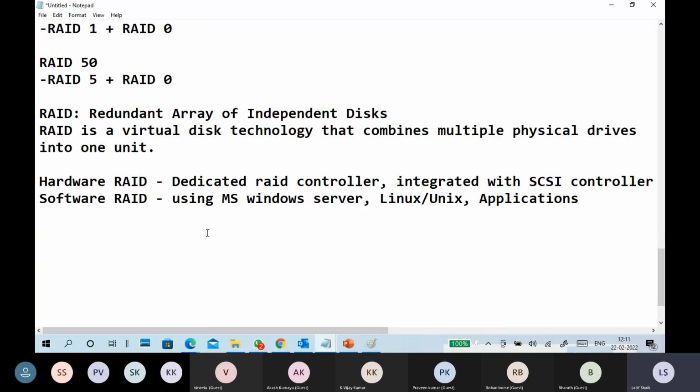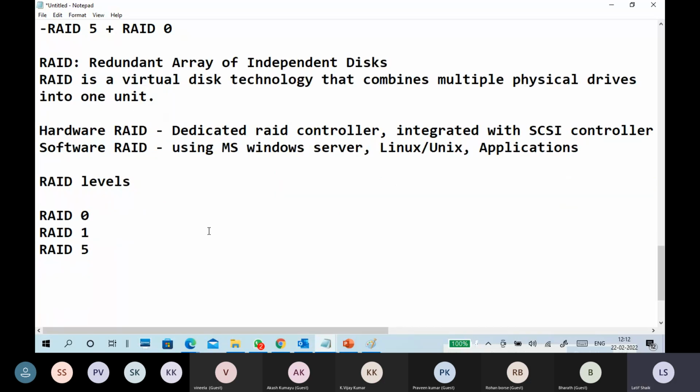Okay. So RAID levels are RAID 0. Important RAID levels are RAID 0, RAID 1, RAID 2, RAID 5, RAID 6, RAID 10, RAID 50.